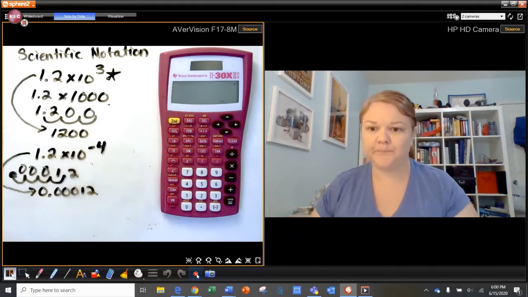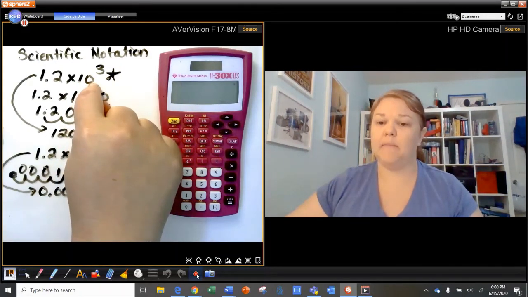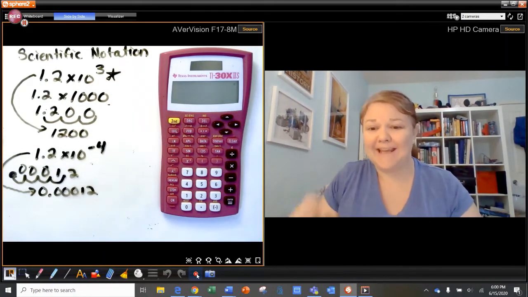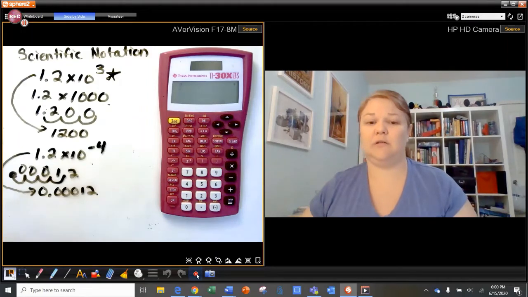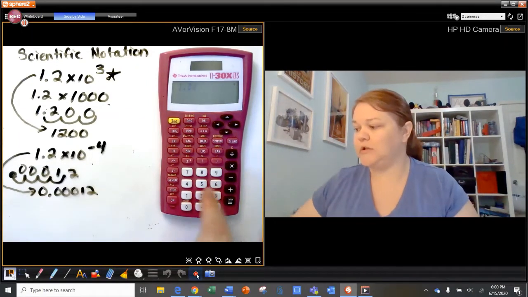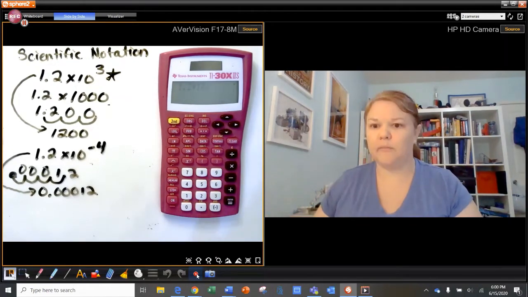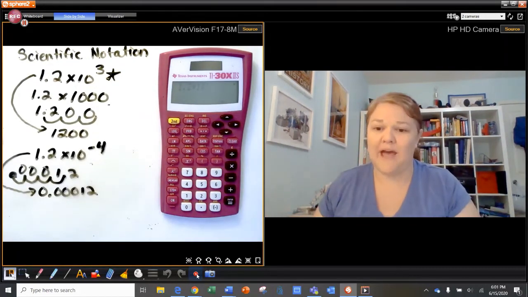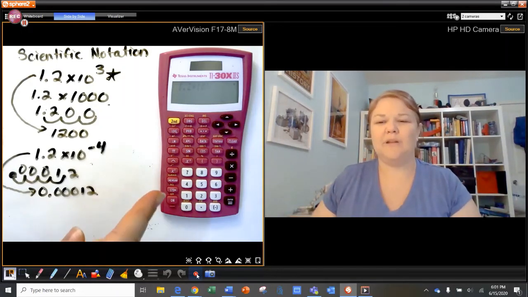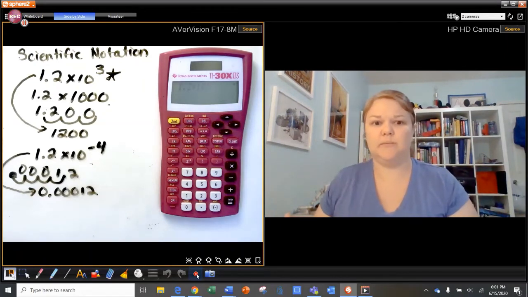So let's try it. I want to type this number into my calculator, and I want to tell my calculator that it is scientific notation. Now, what a lot of students want to do is write 1.2, hit times, and then 10, and go from there. The problem with that is that now this is a math problem that your calculator is trying to do order of operations on, right?